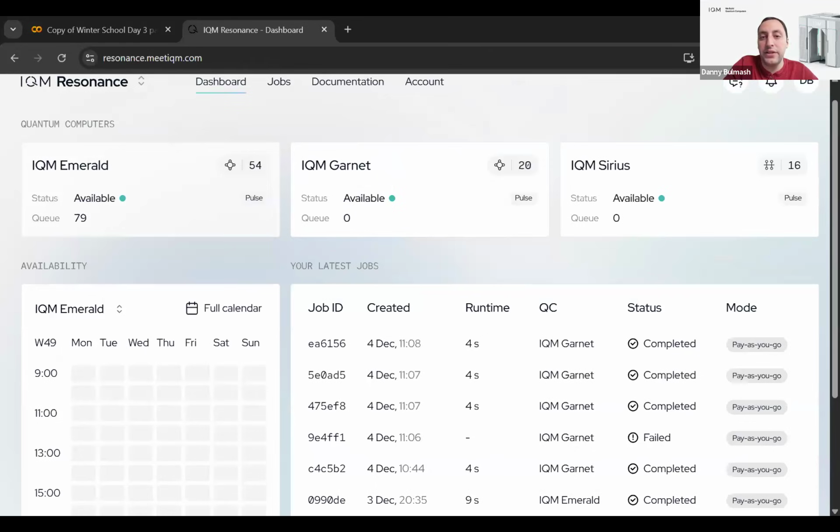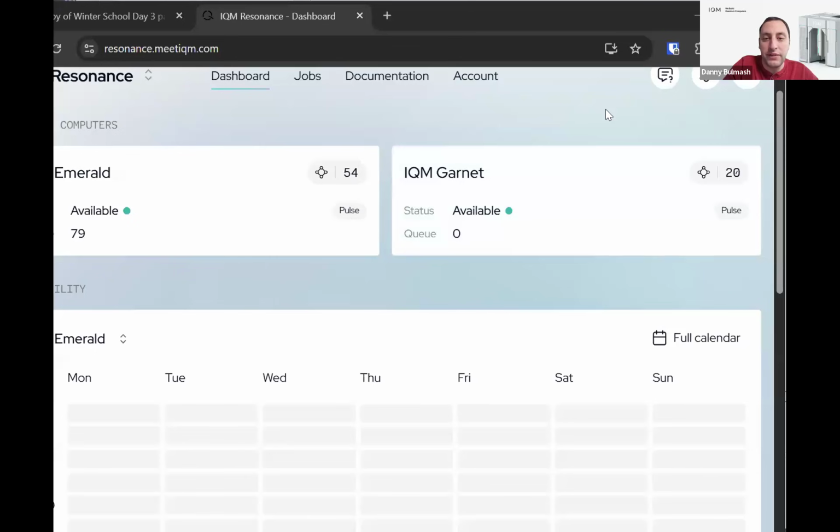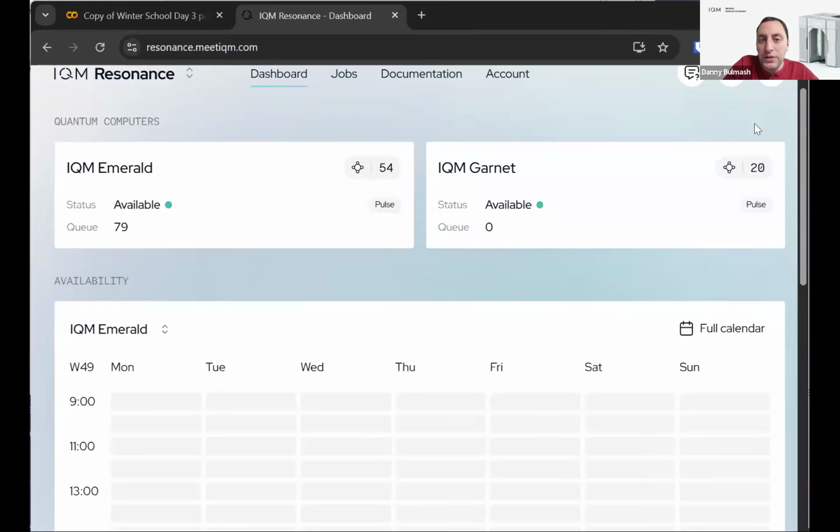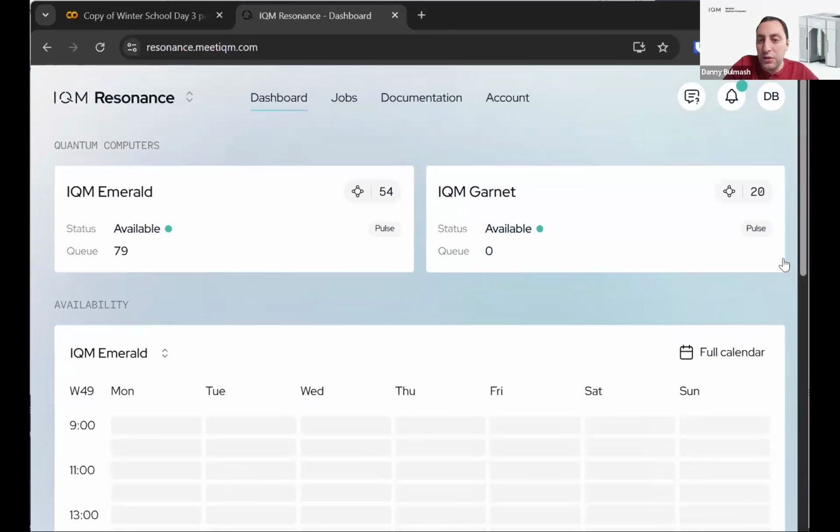If you can't see Sirius, there's a little arrow. Let's see, I have too many things going on my screen. You should be able to scroll over to see Sirius. Why is it not scrolling for me right now? If I make the window bigger, at least I can see Sirius.